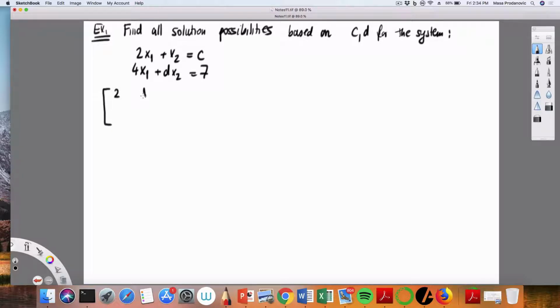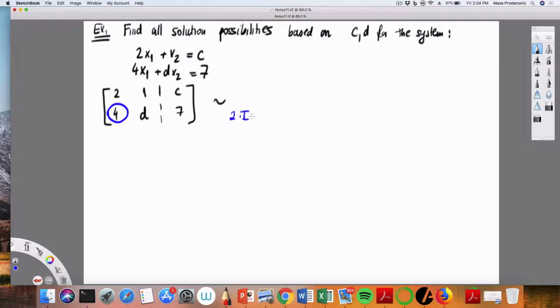My system is 2, 1, C and 4, D, 7. Let me proceed with the elimination. I want to get rid of this 4 here, and that's the only one I want to get rid of in a 2 by 2 system. So I want to make that 0, so what's a good thing to do?